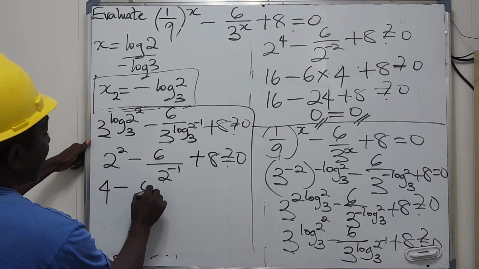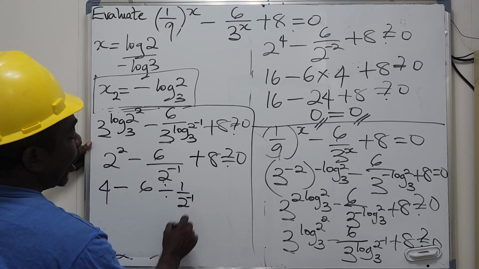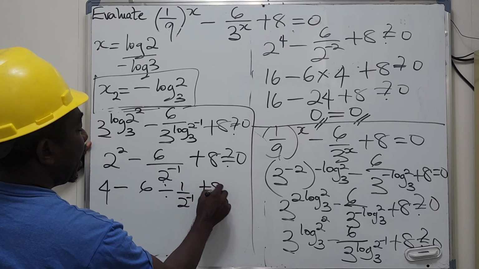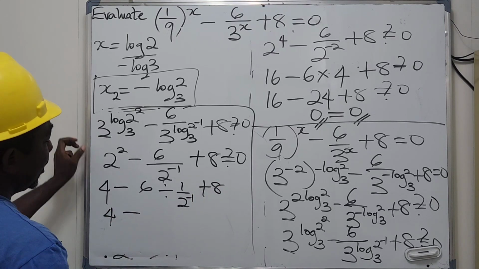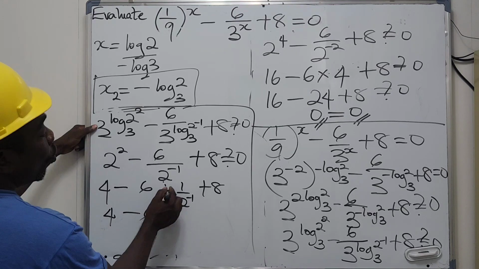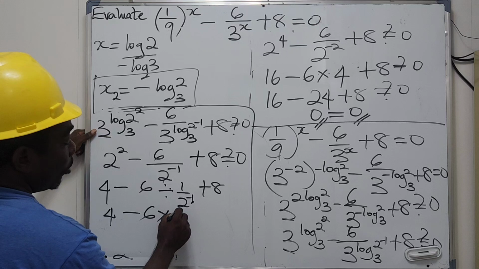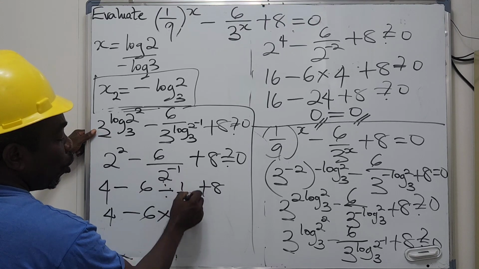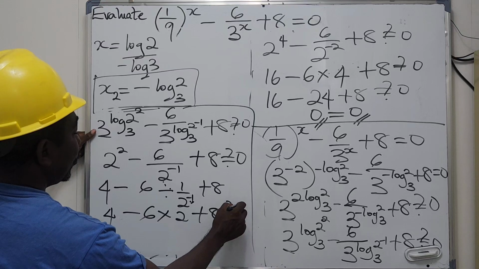We have minus 6 divided by 1 all over 2 to the power of minus 1 plus 8. This is the same thing as having 4 minus 6, and when we turn the division to a multiplication sign, this will become 2, because this will go up and this will change to positive. Then we have plus 8. Will this equal 0?